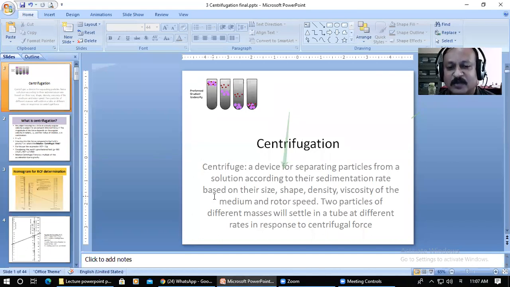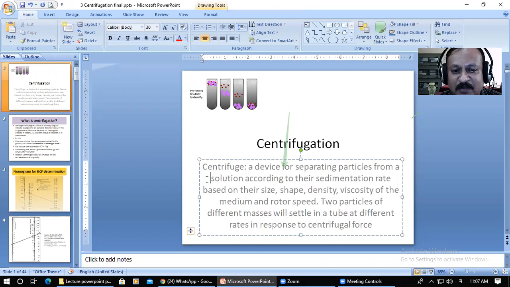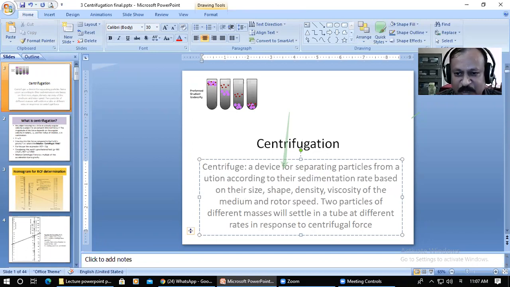Centrifugation or a centrifuge is a device which we use for separating particles from a solution. Rather, I think this word is wrong. What should it be instead of solution?